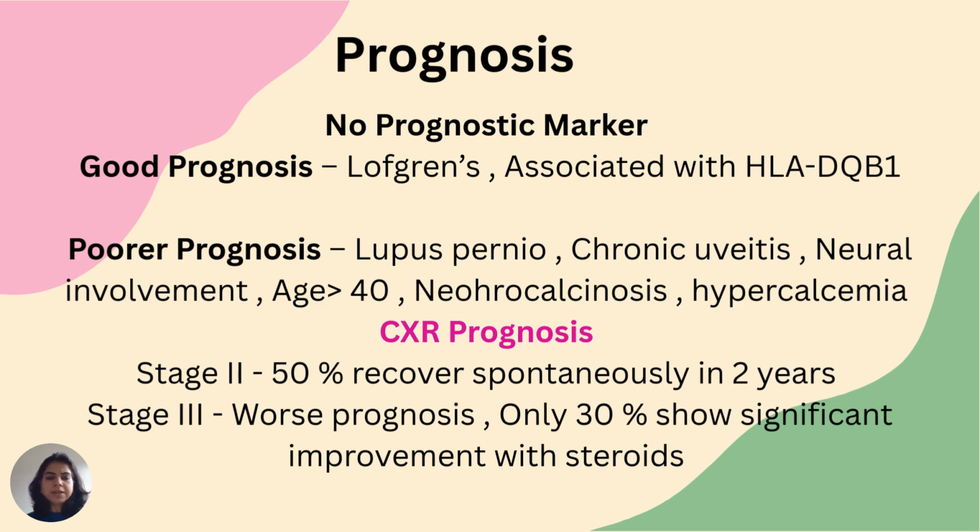Poor prognosis is seen in chronic presentations like lupus pernio, chronic uveitis, neural involvement, if the presentation is after 40 years of age, nephrocalcinosis, and hypercalcemia. Chest X-ray has been used to prognosticate, in which stage 2, 50% recover spontaneously in 2 years. Stage 3, they can have worse prognosis, and only 30% show significant improvement with steroids.